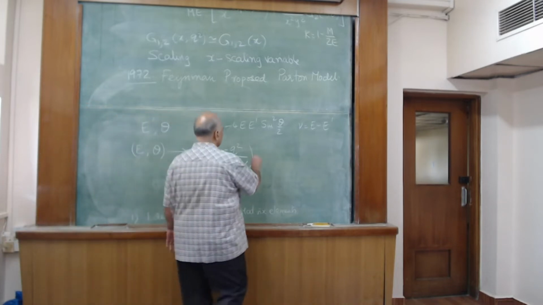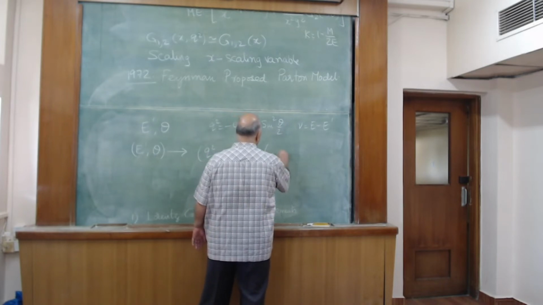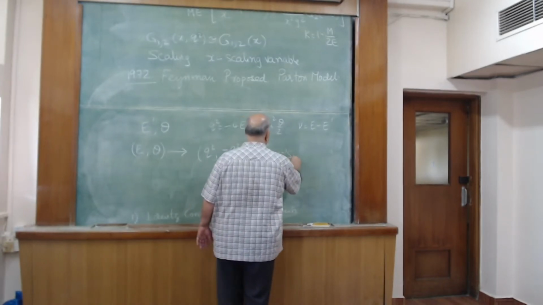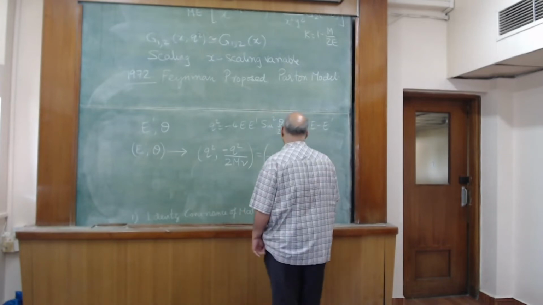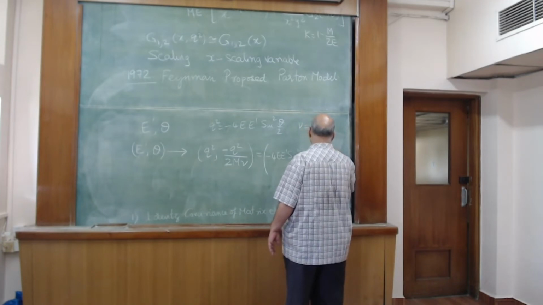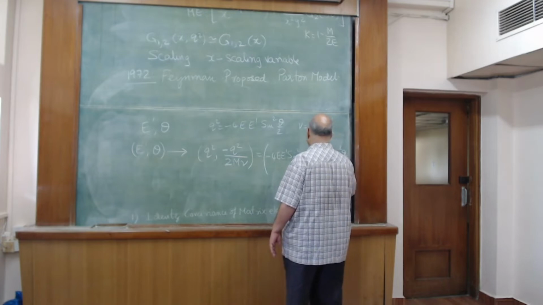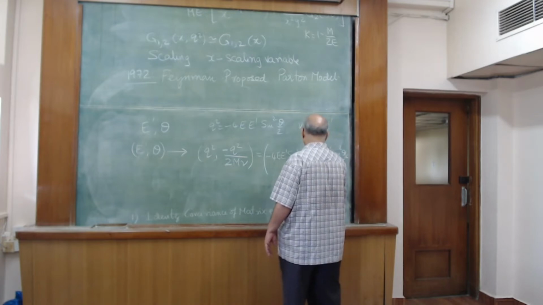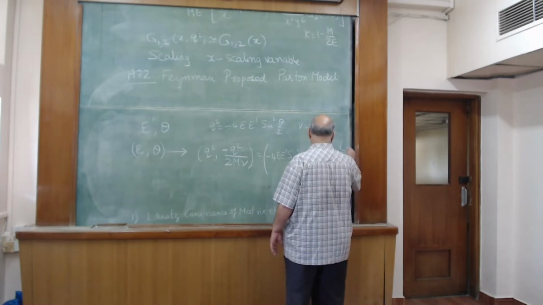That is, I use minus 4 E E prime sine square theta by 2, and 4 E E prime sine square theta by 2 divided by 2 m (E minus E prime).